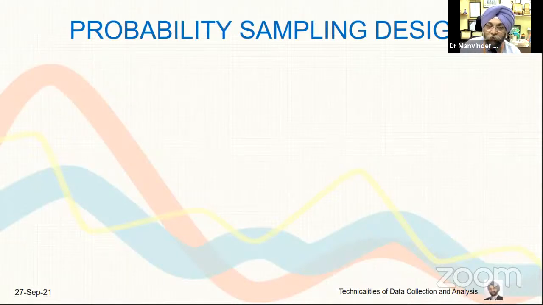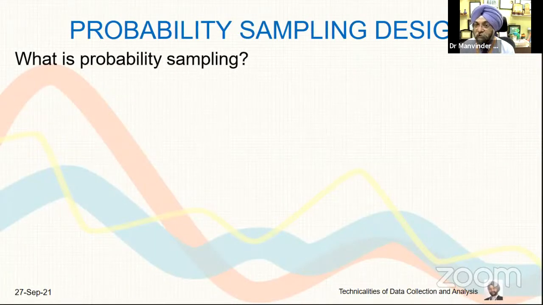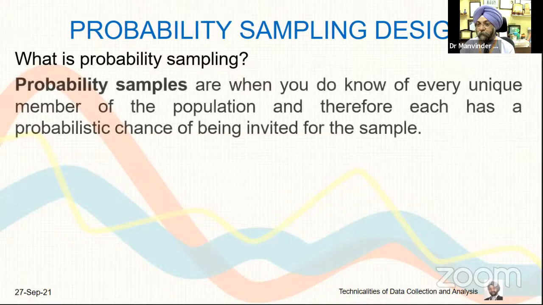So first is probability sampling. Again, I'm asking, what is probability sampling? Anyone who has not yet answered? Nikhar Goyal ji, would you like to answer this? Nikhar ji, are you there?